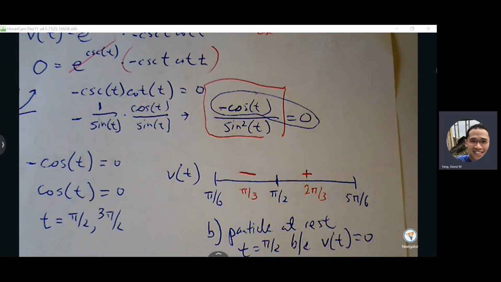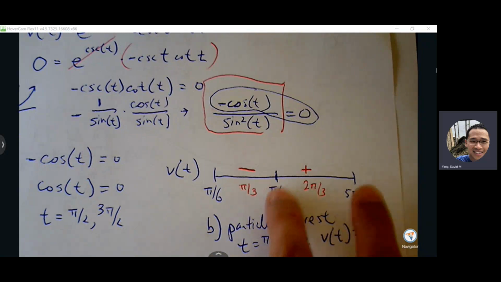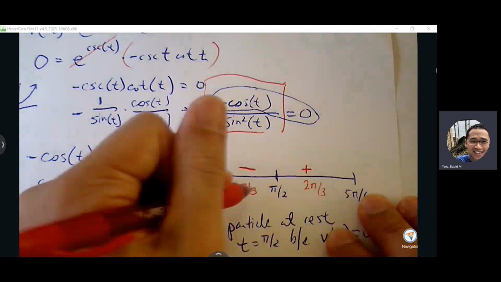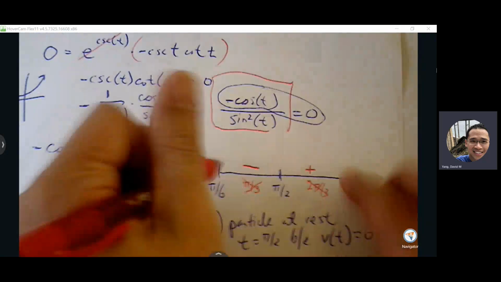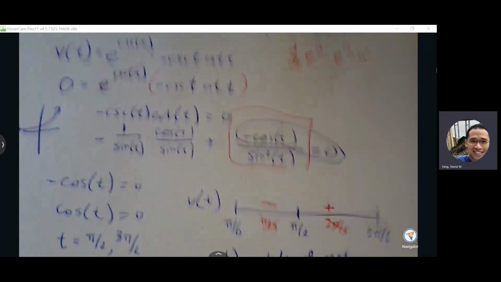So we know our particle is moving to the left in this interval because velocity is less than 0, moving to the right in this interval because velocity is greater than 0, right? And we don't include the test points anymore. Test points are just to get the signs, but after that, our intervals are just with our critical points.